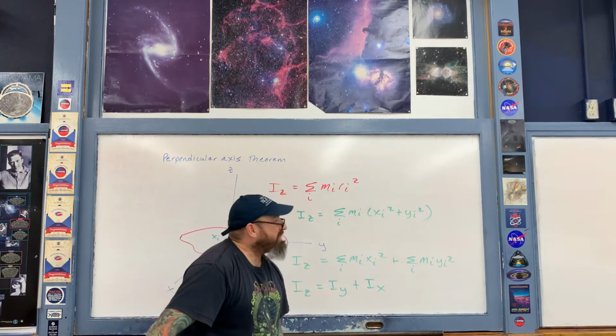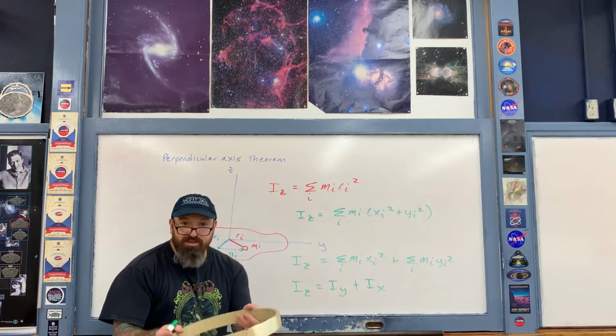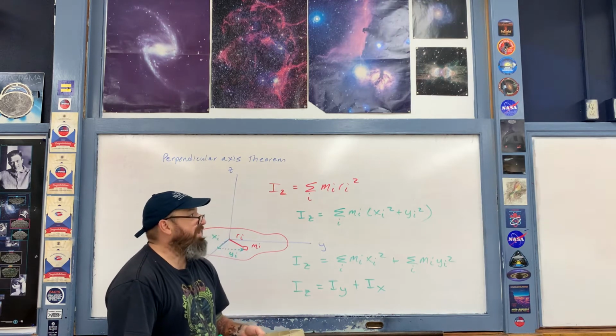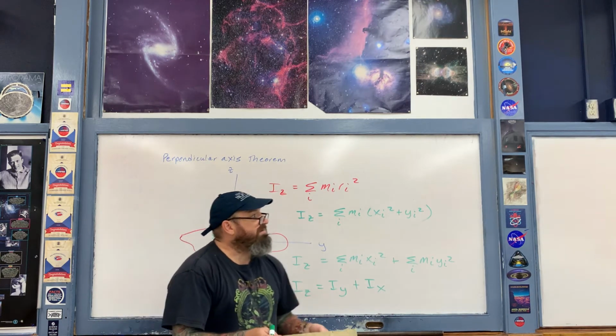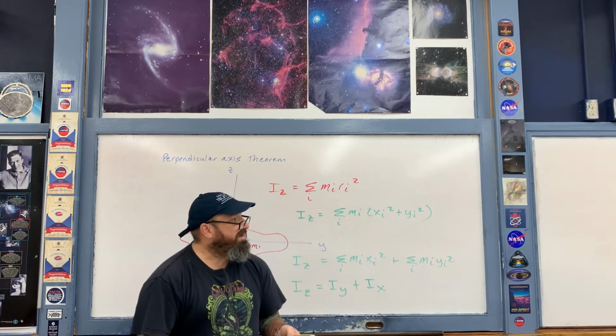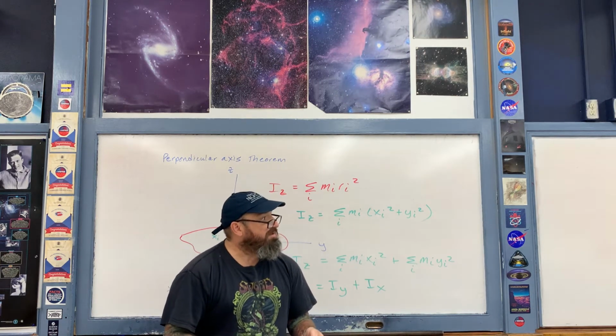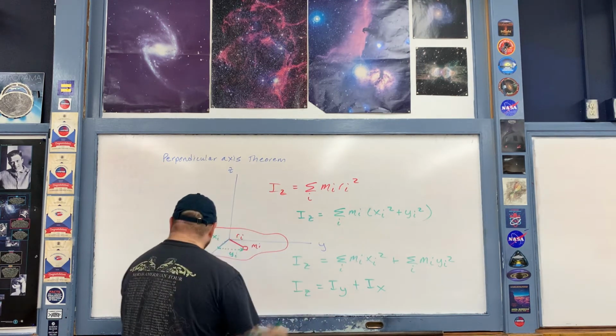Okay, so the example that we'll take a look at is the hoop situation that I've been using here to demonstrate. Use the perpendicular axis theorem to find I sub x and I sub y, if I sub z for a hoop is equal to mr squared. So let me go ahead and draw this out.